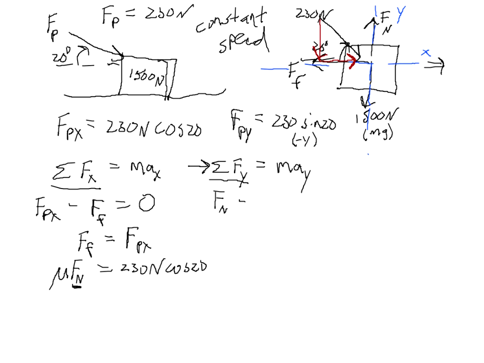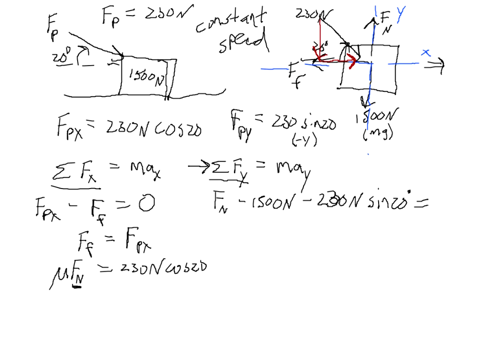We have the 1,500 newtons of gravity in the negative y, so we'll subtract. We also have, in the negative direction, the y component of the push, so that's 230 newtons times the sine of 20 degrees.